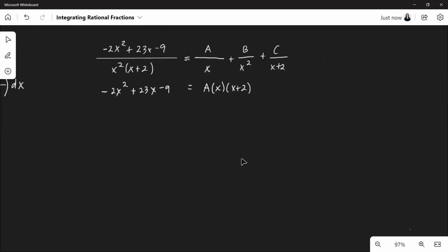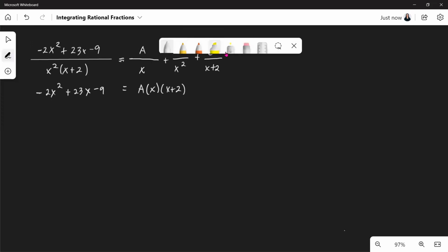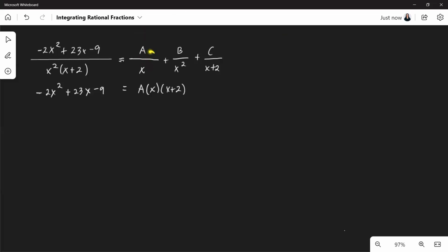I will no longer write everything, I hope you can just imagine. So multiplying this first term with x squared and x plus 2, what remains is x and x plus 2.